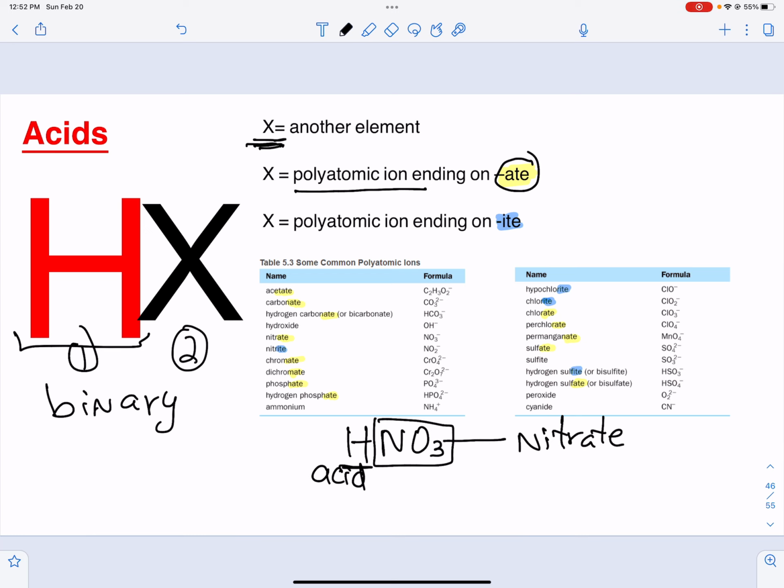If the polyatomic ion that you're using ends on ate, then the way you're going to name the acid is nitrate becomes nitric, and then you put acid at the end. So the ate tells you that you are going to have to transform this into some kind of ic acid.